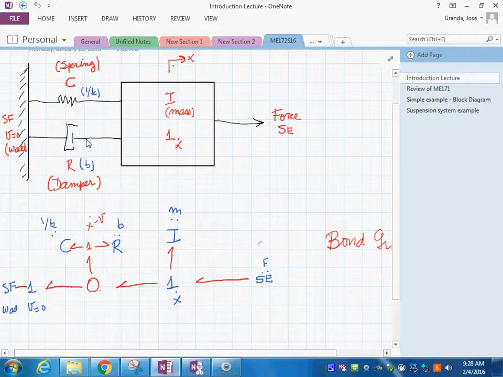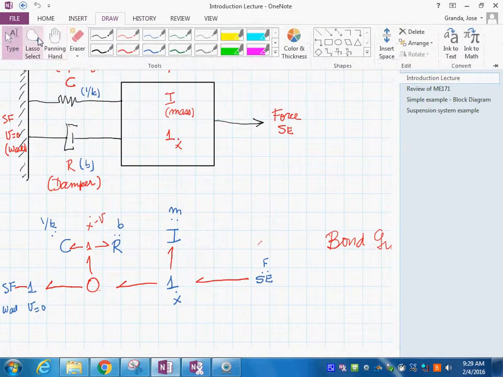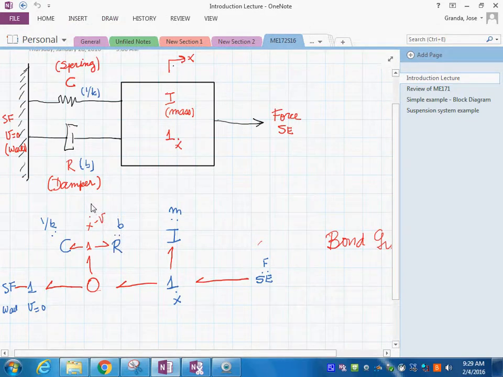So maybe what I should do is, this is the end result I would like to use to do the simulation. But I think it might be a good idea to repeat this. How do I actually cut this graph? So I am going to go in here, and I think this is the eraser. I think it goes like this, yeah.